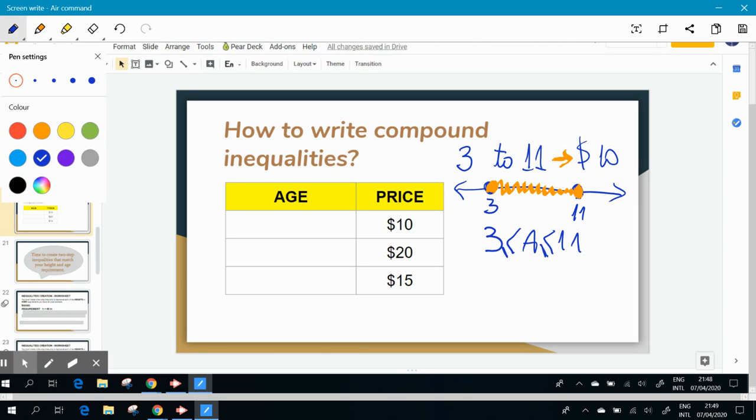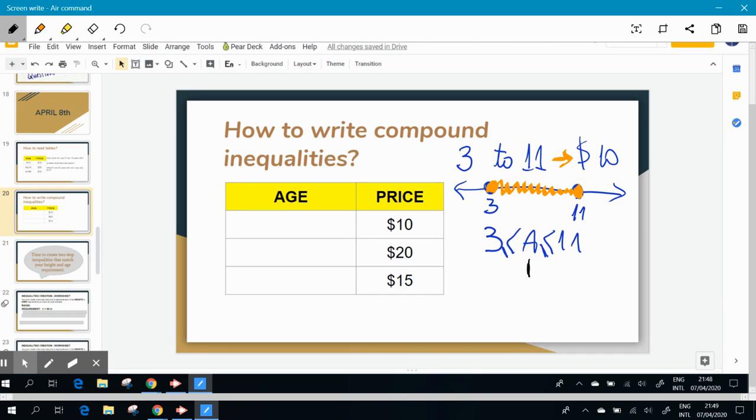Okay, how do I read this compound inequality? I read it both ways. So the ages greater than or equal to 3, but less than or equal to 11 will pay 10. So then I can write it here.